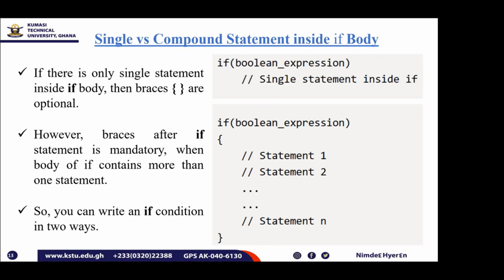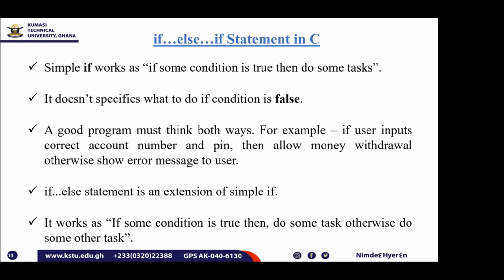So you have the if with a single statement like we have executed already. We can also have multiple or compound statements within the if body, which would be executed based on the Boolean expression. So you take note of that.